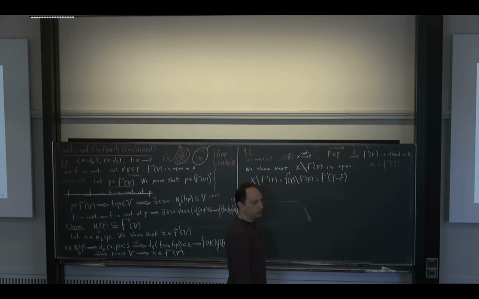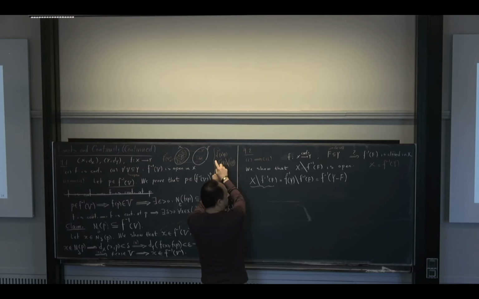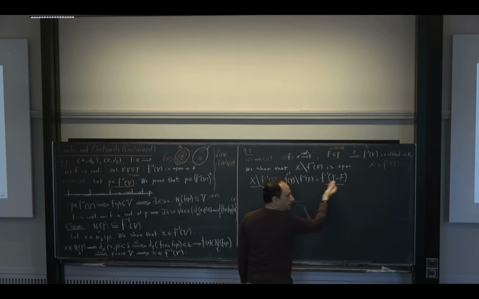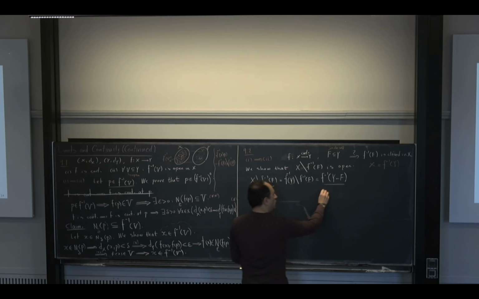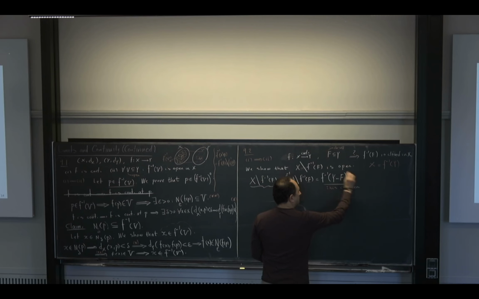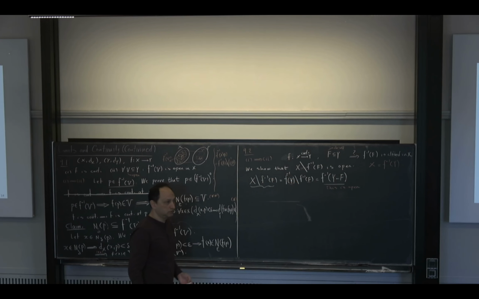So why is this open? This is my set. I was able to use the formula before to prove for you that this one, which we are going to prove is open, is equal to this one. But why is this one open? Why?